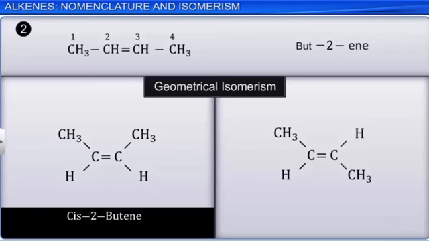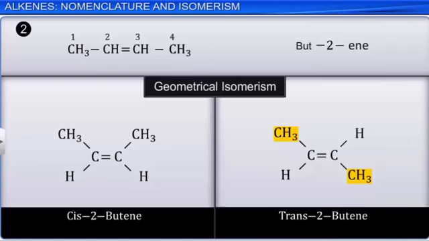On the other hand, when the two CH3 groups are on the opposite sides, the isomer is called a trans isomer. Due to the difference in the spatial arrangement, cis and trans isomers have different melting points, boiling points, dipole moment, solubility, and many other properties.